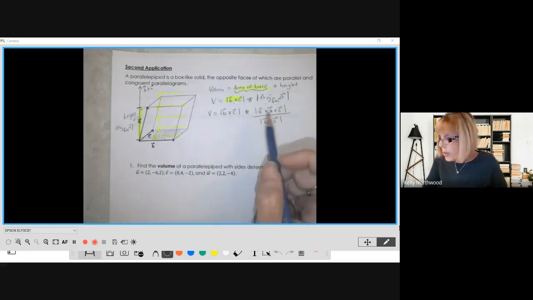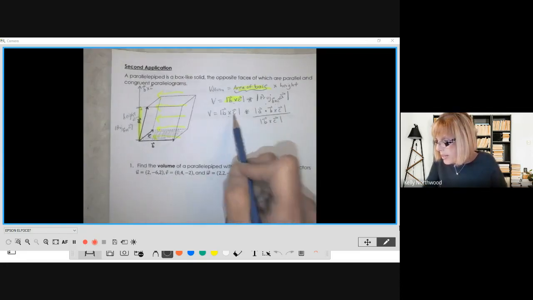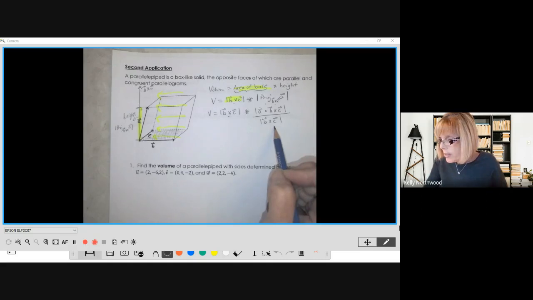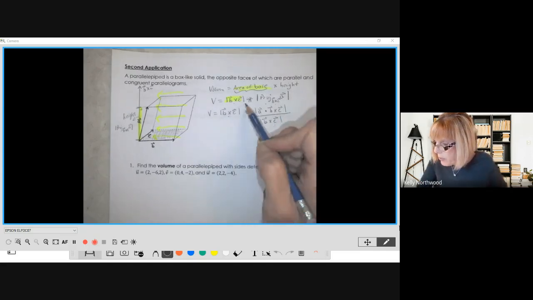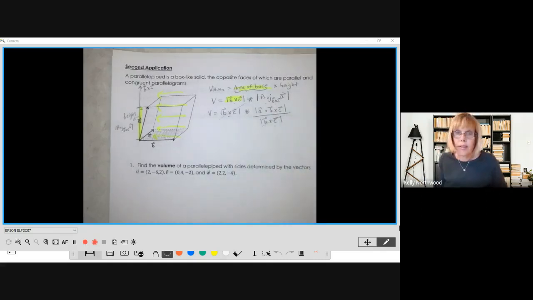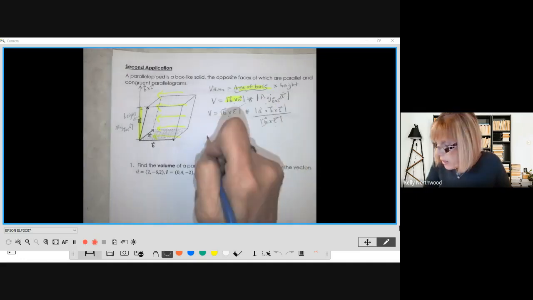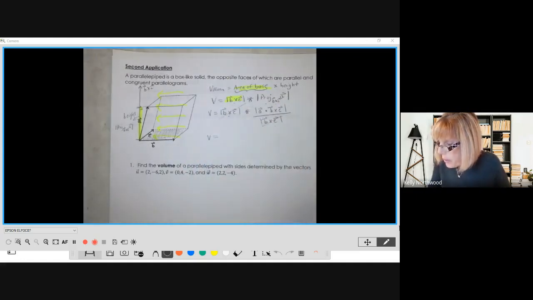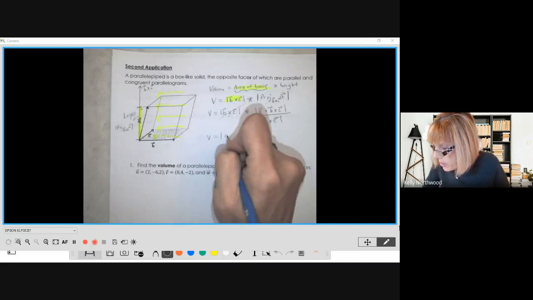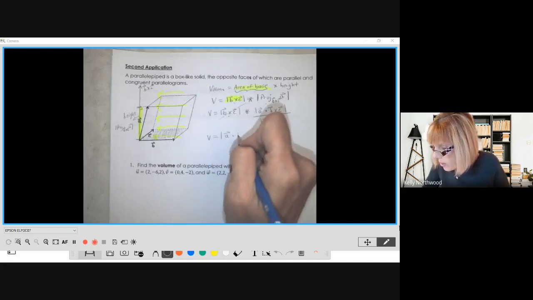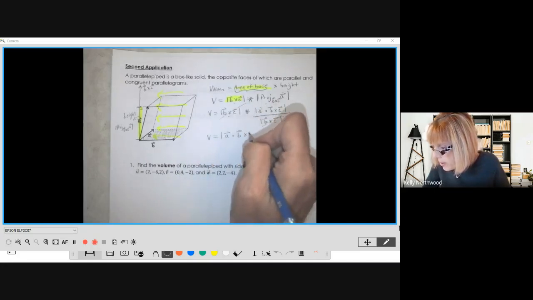So can you see, if we're multiplying by the magnitude of B cross C and dividing by the magnitude of B cross C, these divide out? So we're left with the fact that the volume of a parallelepiped is just the magnitude of A dotted with B cross C.